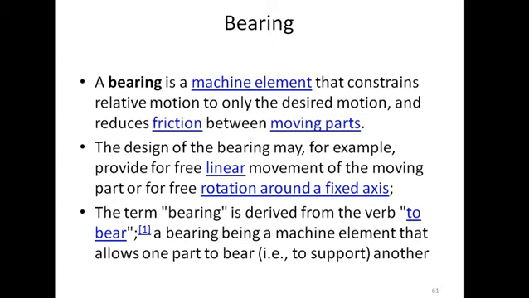The term bearing is derived from the verb to bear, a bearing being a machine element that allows one part to bear another. It means bearing one part to another part. So that is what the word bearing actually means.